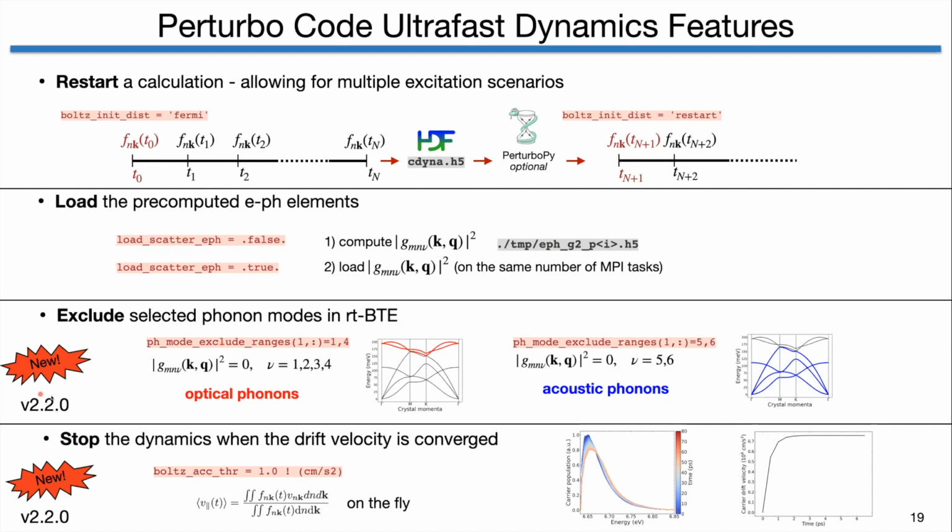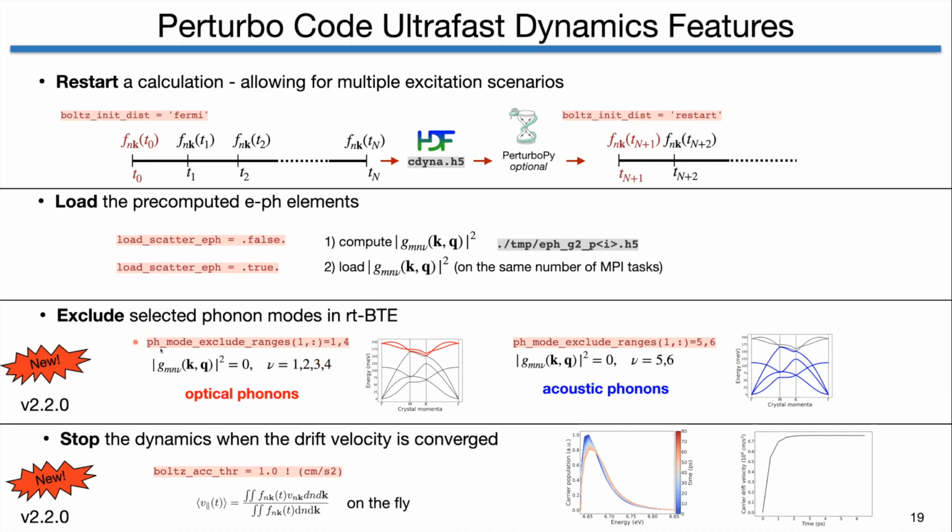And then the new feature that was partially presented in the previous slide is that you can exclude some selected phonon modes in the RT-BTE equation. For example, if you would like to perform the calculation with the optical phonons only, we can set to 0 all of the electron-phonon matrix elements that correspond to the phonon modes from 1 to 4.